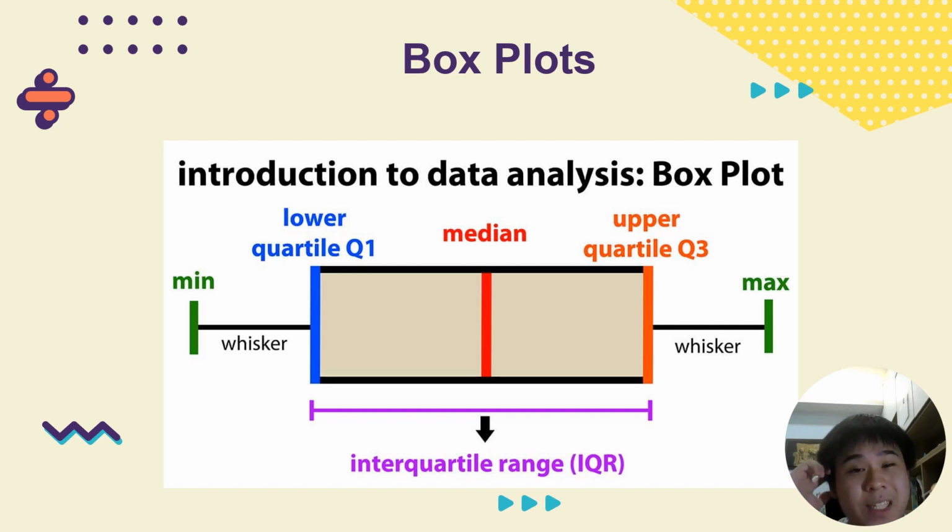What does that mean? 50% of the data lies within the IQR range. Q1 is 25%, Q3 shows 75%. And we have the median, which does not have to be in the middle. It could be here, it could be here. The median will also tell you the skewness.